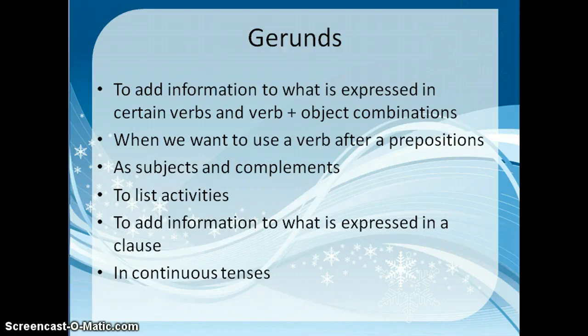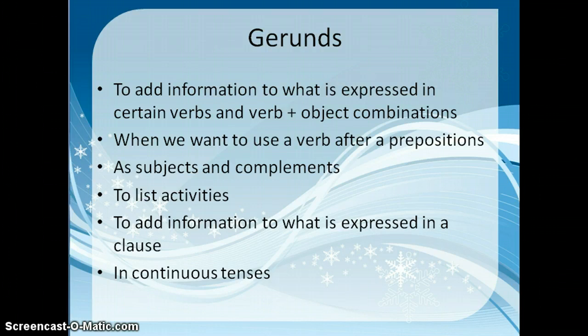When we look at gerunds, on the other hand, we're talking about verbs that end in ing. So, for example, running, jumping, going. These we tend to use to add information to what is expressed in certain verbs and verb plus object combinations. When we want to use a verb after a preposition, that verb following the preposition will always be in ing. So, for example, is she still interested in dancing?